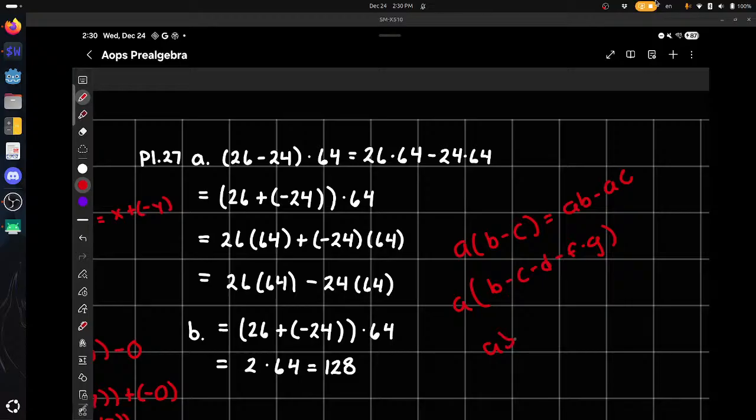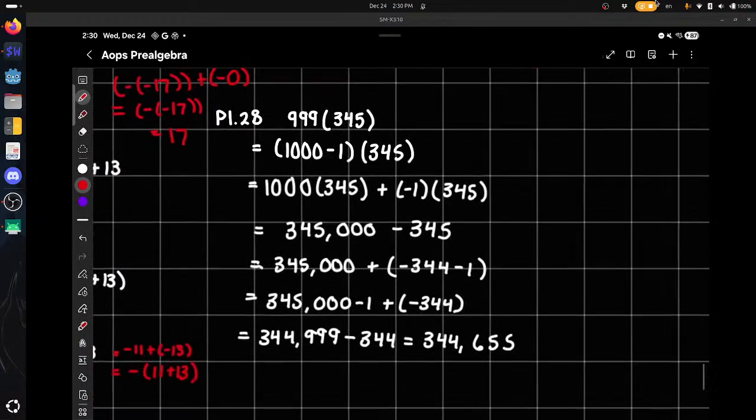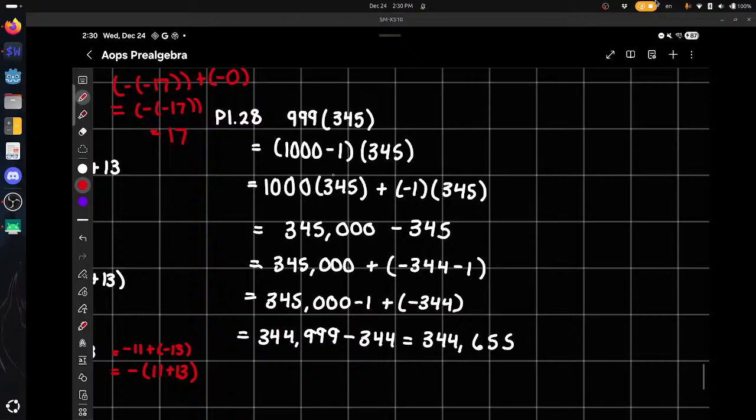And then we can get AB, AC, AD, AF, AG. It's a surprising use of the distributive property. We also got this problem, right? Problem 28.